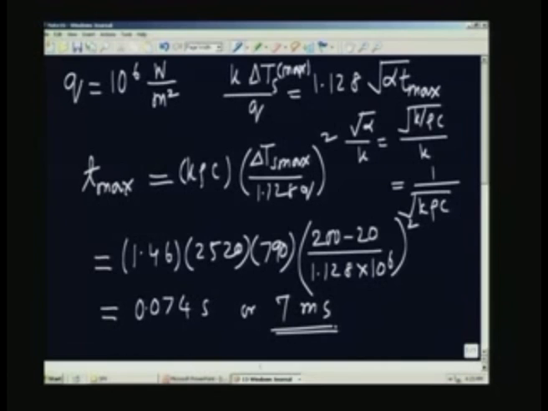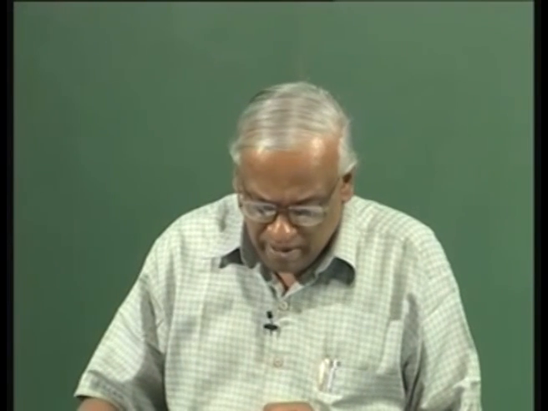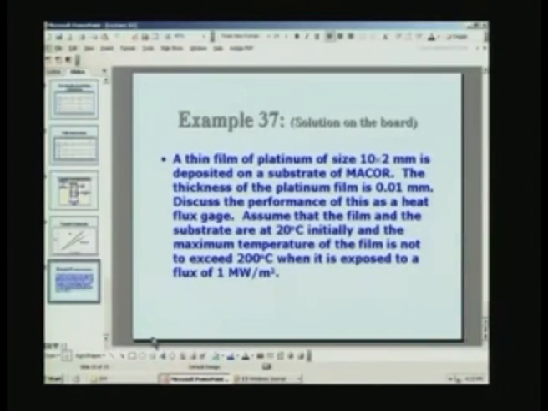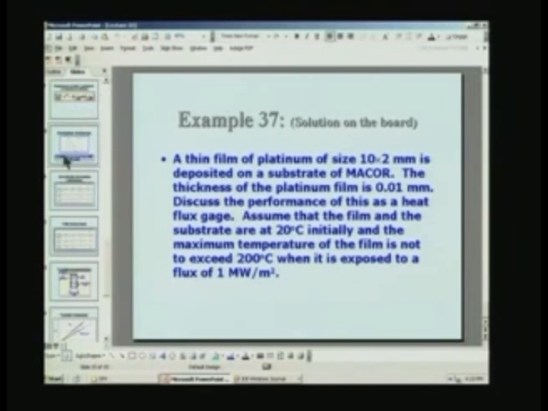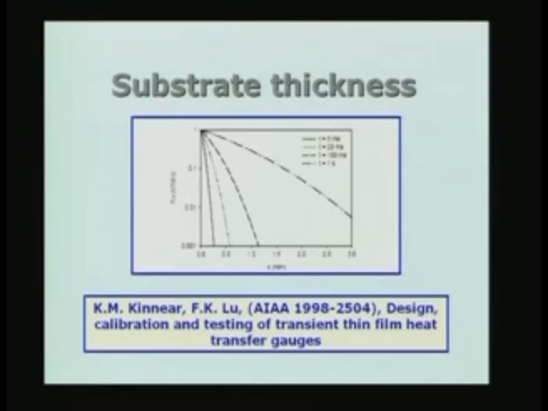So, the sensor will be able to withstand this particular heat flux for about 7 milliseconds, and let us go back and see from the curve given here. We can look at t equal to 7 milliseconds, which is between these two, 5 milliseconds and 25 milliseconds.